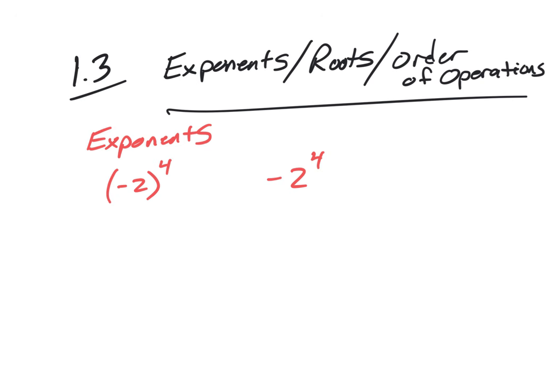So when we have an exponent of 4, what that means is we're taking -2 times itself 4 times. I'm not expecting you to write this out every time. If I have -2 to the 4th, we don't necessarily have to write out -2 times itself 4 times, but we should understand why the answer is what it is. -2 times -2 is 4. -2 times -2 is 4. 4 times 4 would be 16.